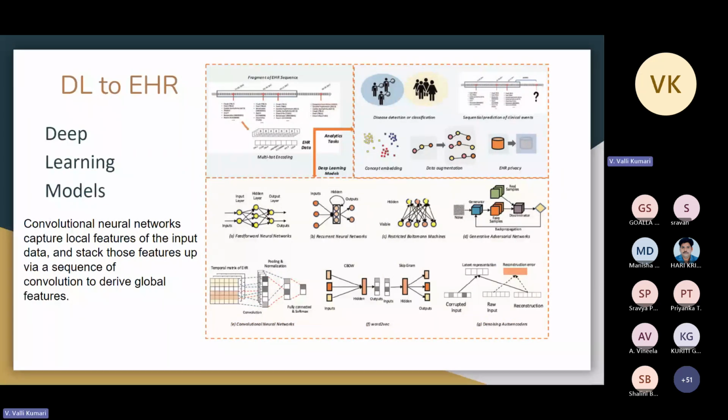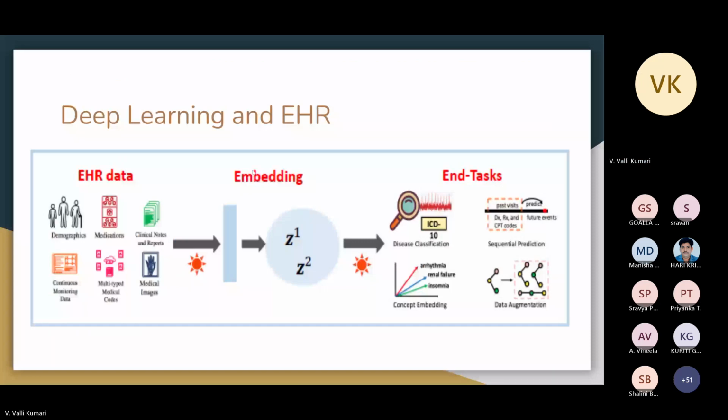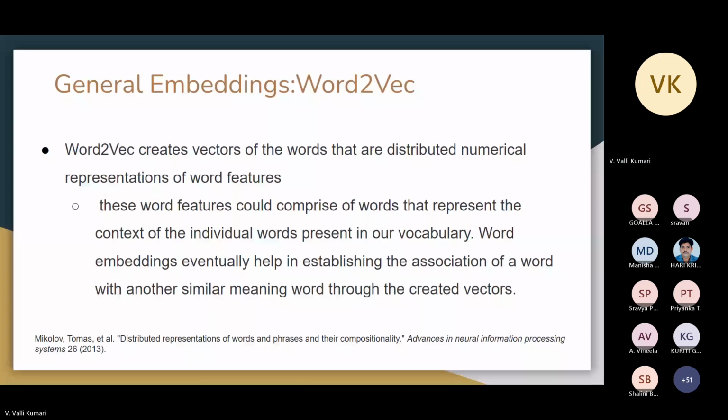So this is a simple neural network, and you can also make use of embeddings so that you can represent this data in a particular form and then feed them to any of the deep learning models. So what are these embeddings? Hope you can see the screen. Yeah, what are these embeddings?